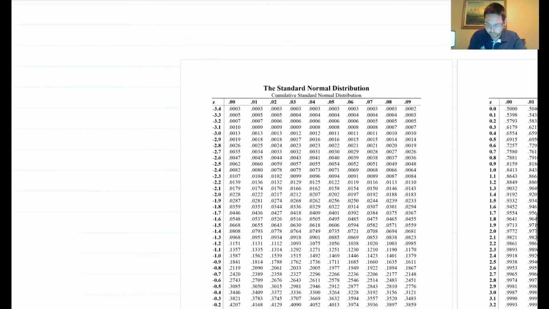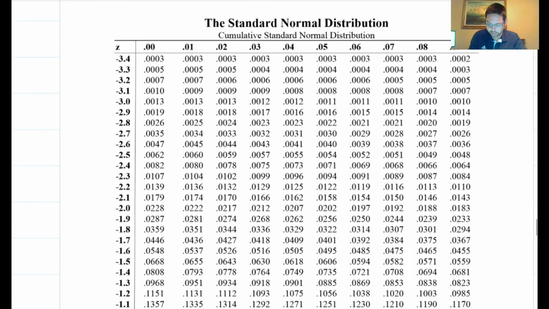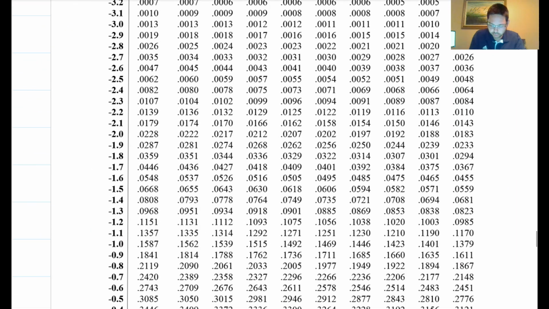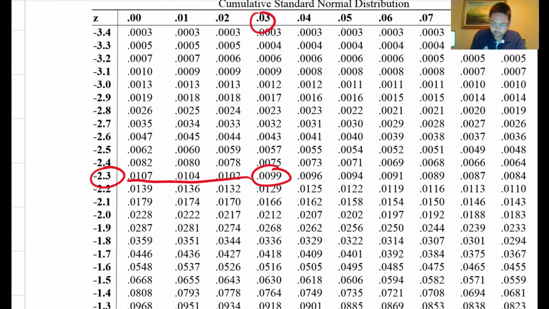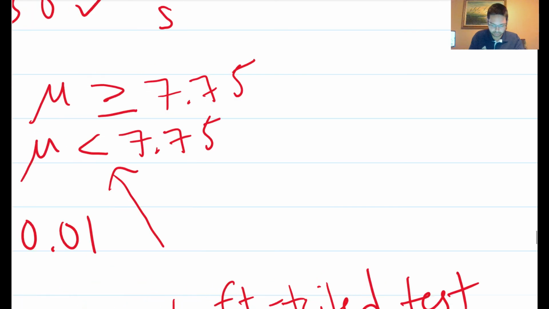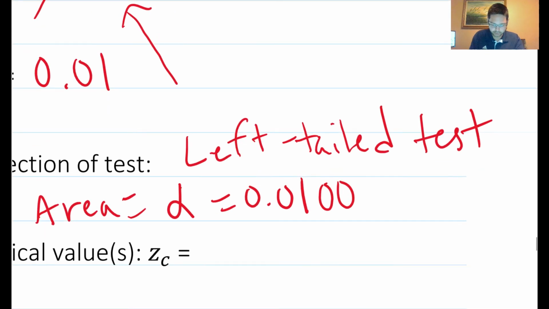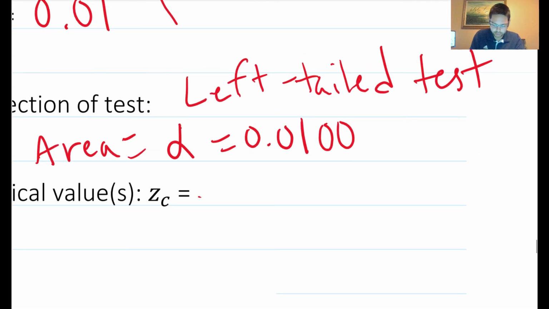And so that means we're going to go to the small areas. So we're going to go on the negative part of the chart, 0.01. The closest thing to that is 0.0099, which means the critical is negative 2.33. There you go. So that's my critical value, negative 2.33. Done for that. Very, very simple.